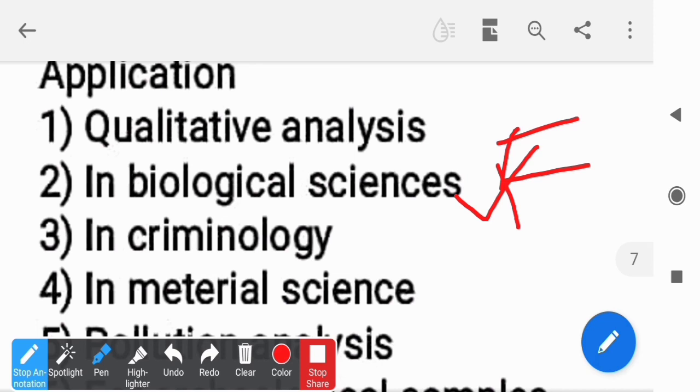Trace elements in living matrices are not often contaminated, but they are important for particular functions. So an element having a specific function can be determined if that element is present in the various organs, like lungs, liver as well. All of these biomolecules can be estimated by using this technique.